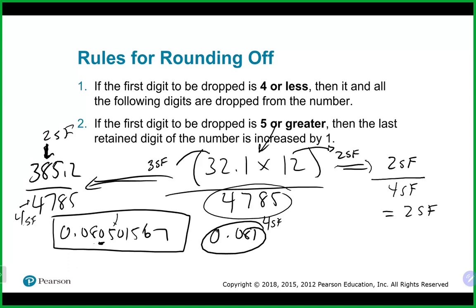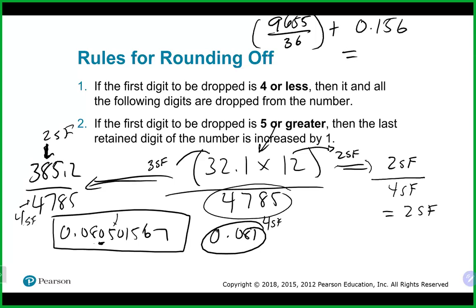Now, this also includes if you're combining adding and subtracting, multiplying, dividing. So for example, let's just say I took 9655. I'm going to divide it by 36, and then I'm going to add it to 0.156.